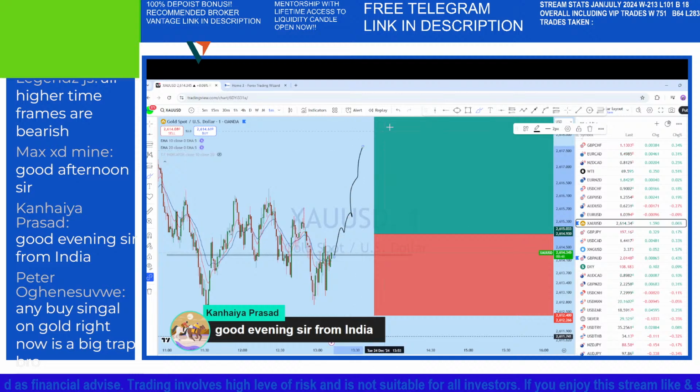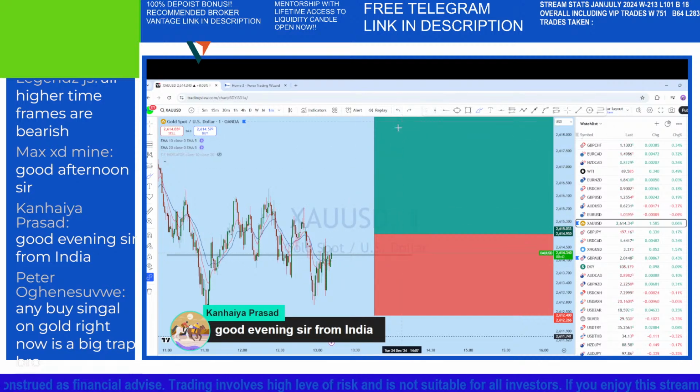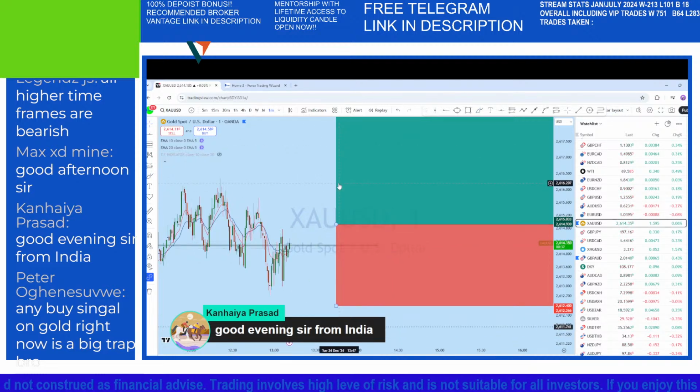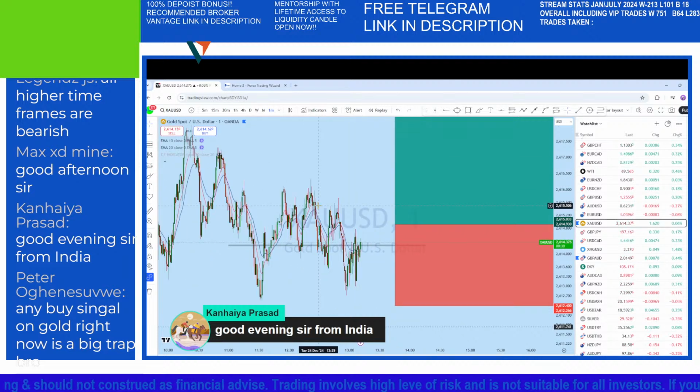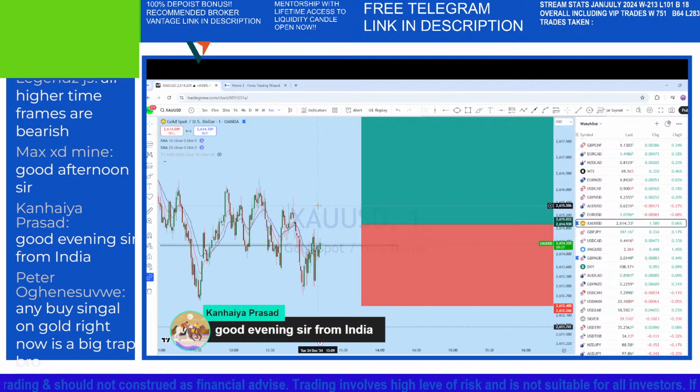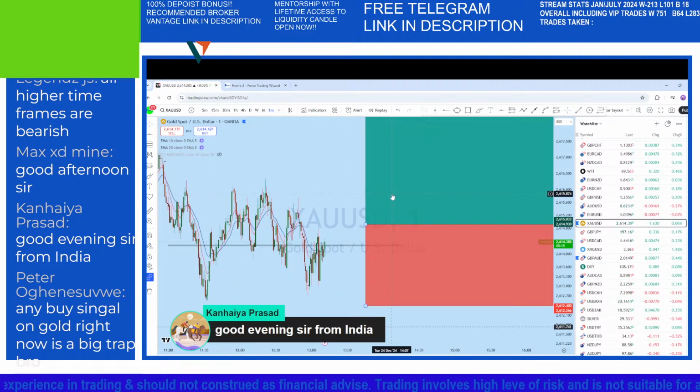See how it might be going. Let's wait for a breakout here.